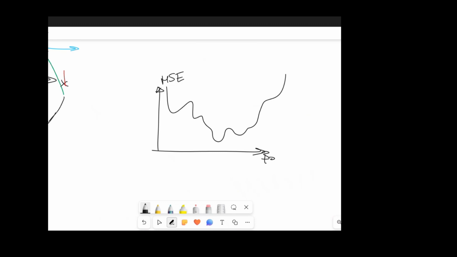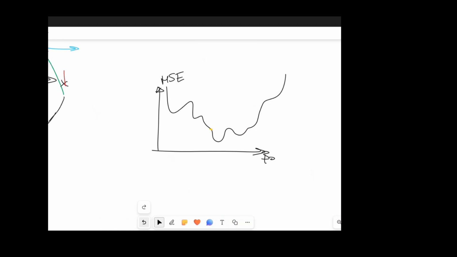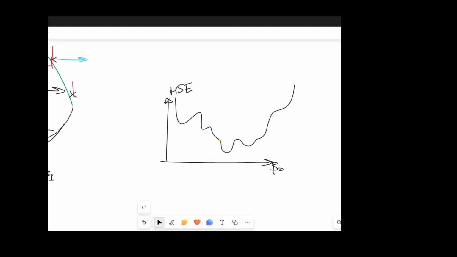And if you start here, you are fine. You will go down to the global minimum. But if you start here, you are not fine. You will go to there. That is the steepest descent direction.